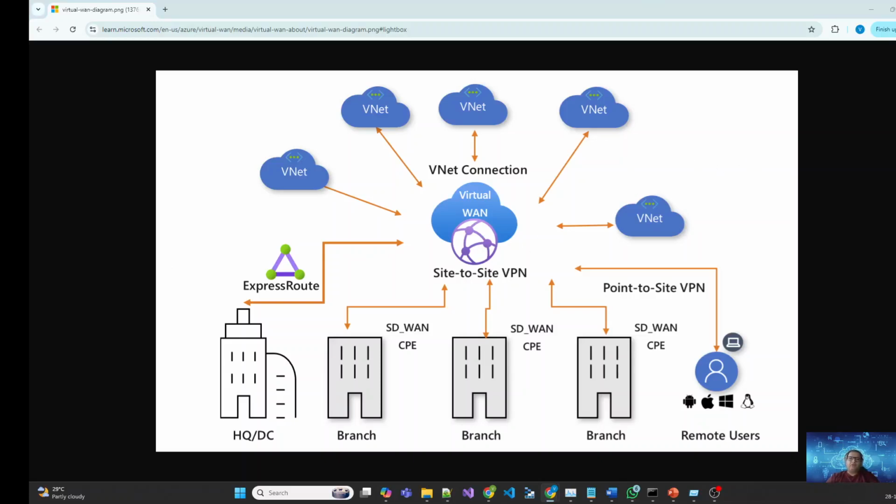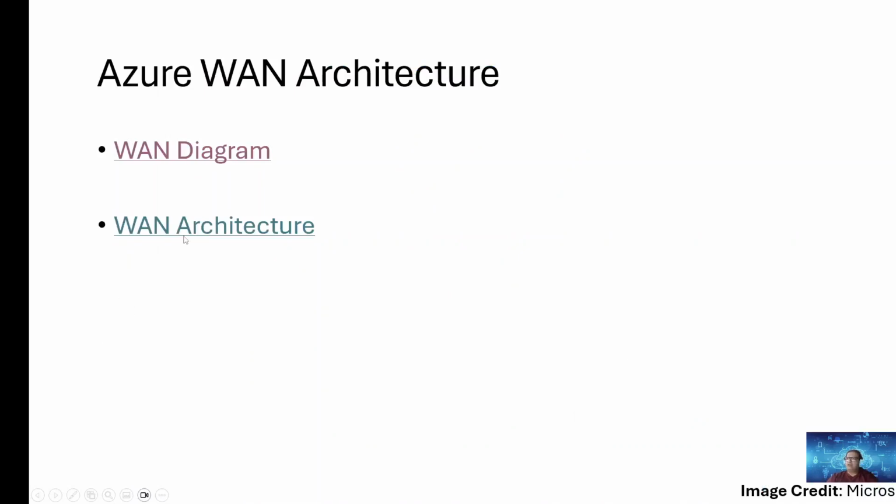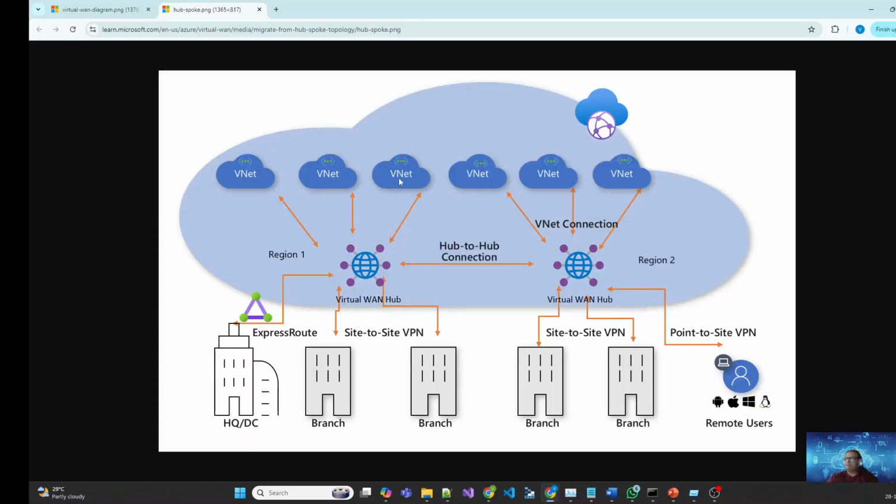If we go to the architecture of WAN, again, this is linked to the Microsoft site. Here, it's an example implementation. In region one, there is a virtual WAN hub, and in region two, there is another virtual WAN hub.